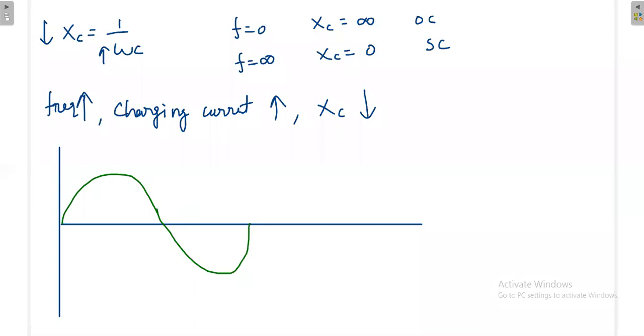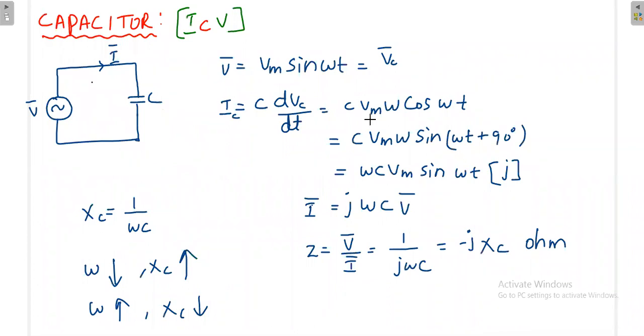Again, this is like VC, the voltage that I am applying, which is the same as the voltage across the capacitor. Now I took the voltage. Now, what is the current? What is the phase difference between the voltage and current? I am already taking the voltage. This is my current, and very clearly the current is leading by 90 degrees.